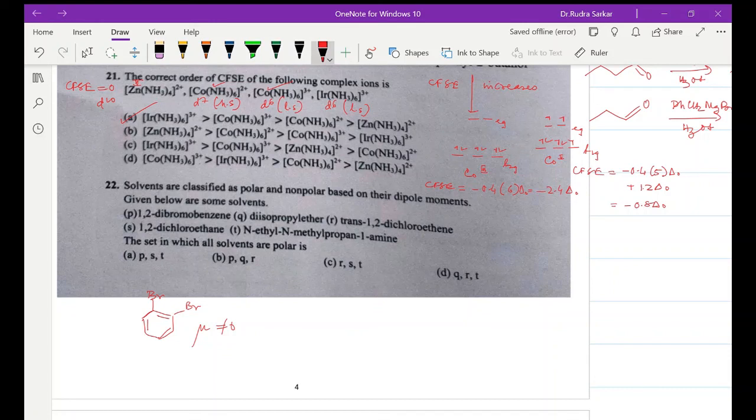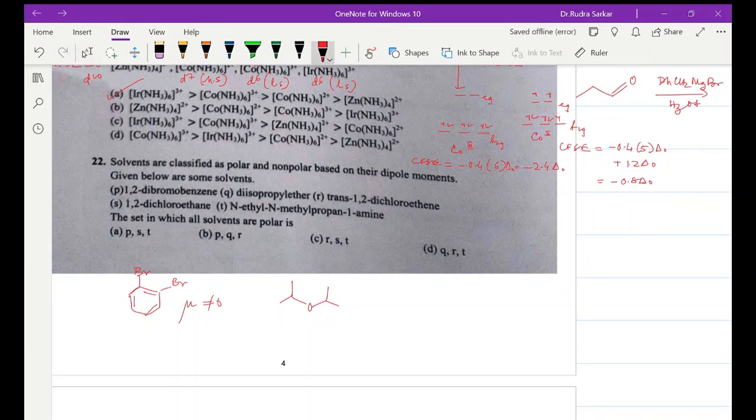Q is basically the following molecule, which is diisopropyl ether, and then we have R, which is trans-1,2-dichloroethene, and here the dipole moment is equal to 0 for sure, because C-Cl bond moments are cancelled.